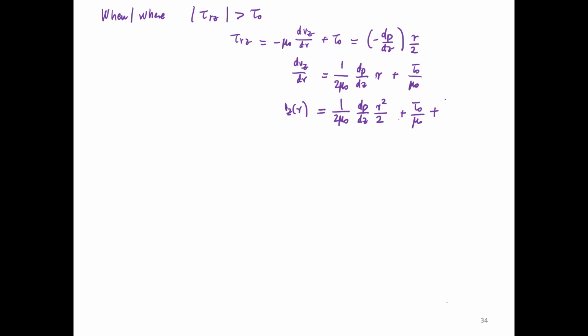C, E, D, H. There we go, H. How do I get H? I need a boundary condition to get H. What boundary condition can I apply?